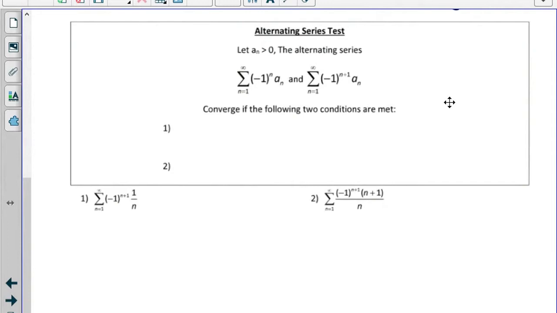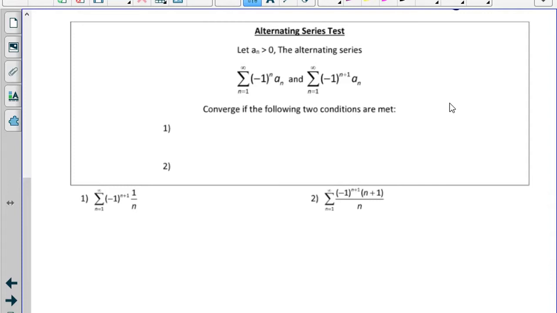Test number 2 that we're going to talk about, the alternating series test. We're going to let a sub n be greater than 0, then the alternating series, the sum from n equals 1 to infinity of negative 1 to the n, a sub n, or the same thing with n plus 1. It doesn't really matter whether the first or second terms are positive or negative, as long as the terms alternate between positive and negative.